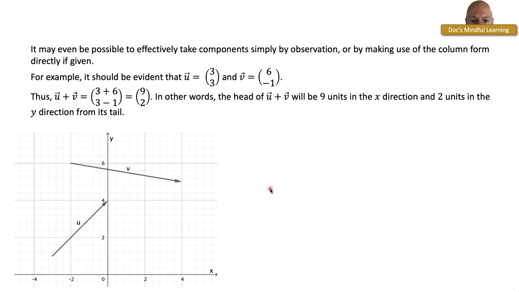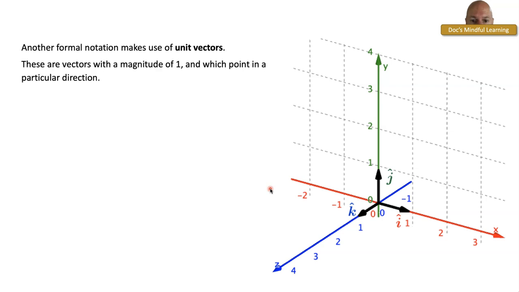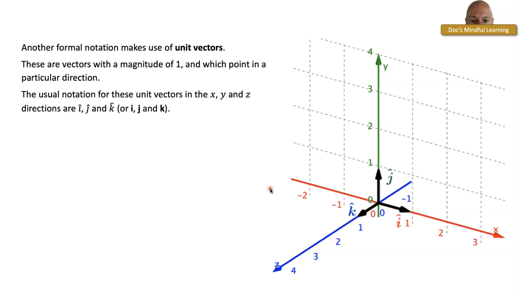Now we can also, so this is yet another method, make use of direction vectors in the form of unit vectors. A unit vector is simply a vector of magnitude 1, and it points in a particular direction. So in the x, the y and the z direction, for what they're worth, the unit vectors are known as i, j and k. So they have a magnitude of 1.